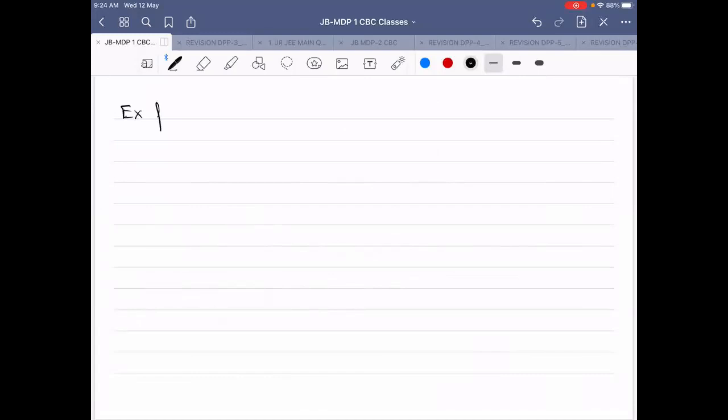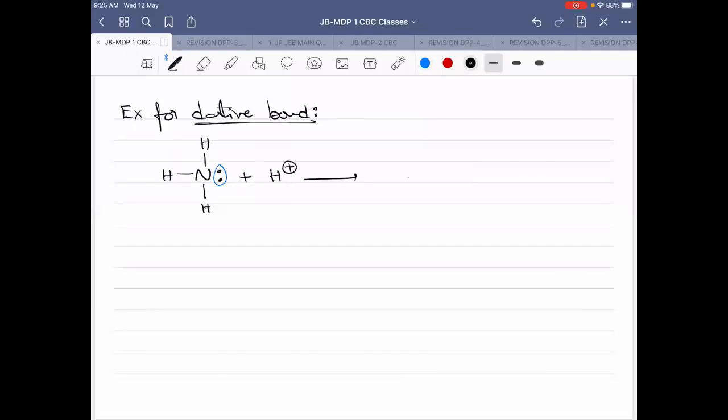Example for dative bond: there is an ammonia molecule, NH3. Ammonia has a lone pair. Remember, lone pair. So the ammonia lone pair will be shared with an s orbital of hydrogen, that is an H+ ion.